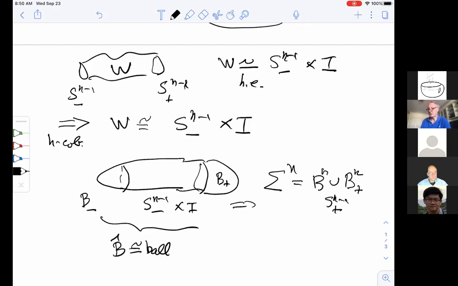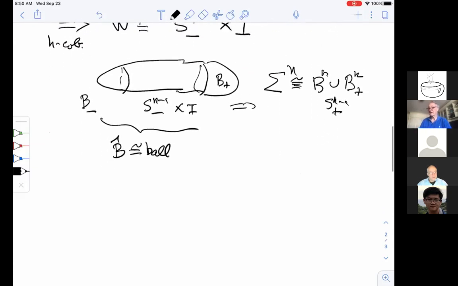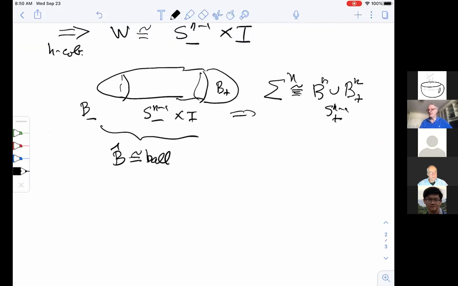And that's a smooth result. Sigma is diffeomorphic to the manifold you get by taking 2 standard balls and gluing them together by a diffeomorphism of their boundary. That does not imply that Sigma is diffeomorphic to the sphere, but it does imply that Sigma is homeomorphic to the sphere.